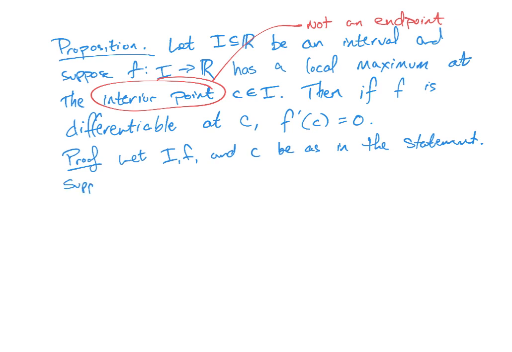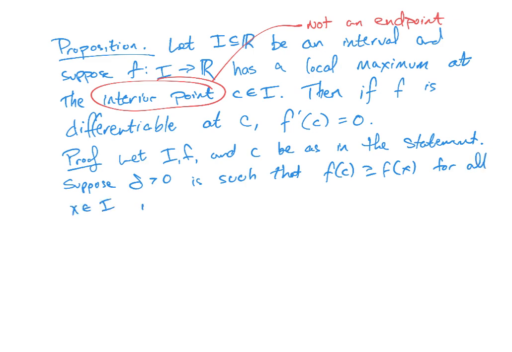And suppose we have a delta such that f of c is greater than or equal to f of x for all x in the interval which are within delta of c. Okay, because we're assuming that f has a local maximum at c.